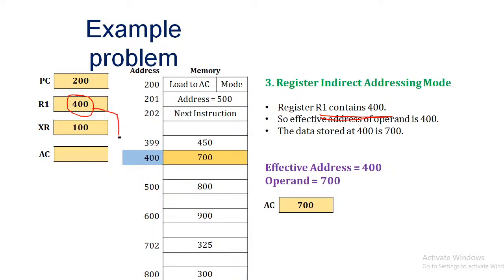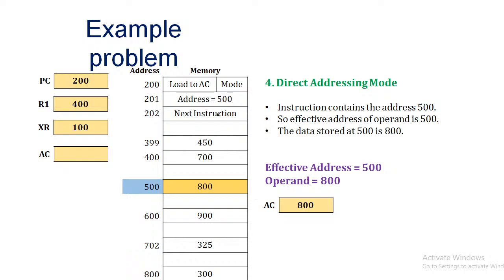The 400 is going to point to memory location 400, and whatever is the content within memory location 400, that is going to come to the accumulator. So this is the register indirect addressing mode example.